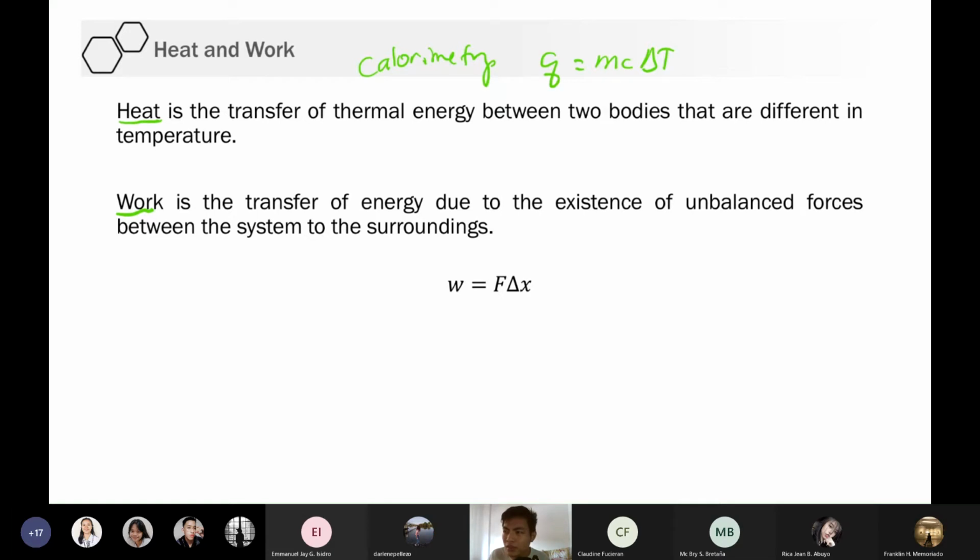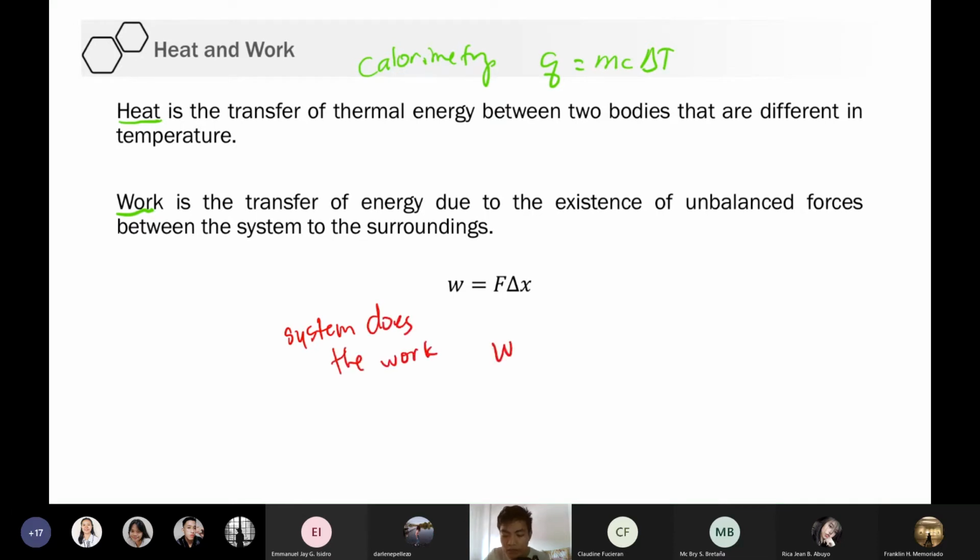Work is the transfer of energy due to existence of unbalanced forces between system and the surroundings. Ibig sabihin, kapag hindi pantay yung forces ng ating system, doon nagkaka-work na. In physics, we define work as W equals Fx. Pero sa chemistry, ang gagawin natin, we assume that the system does the work.